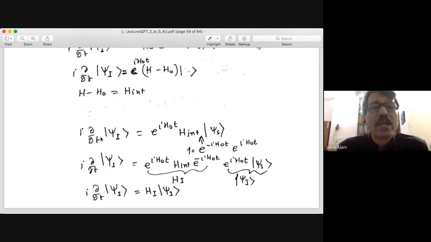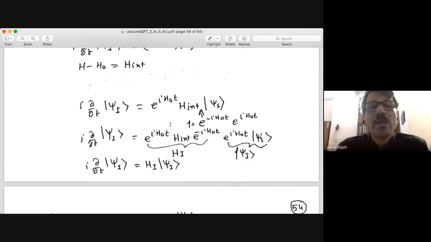So this I can write again as i d/dt of psi I equals e to the i H naught t times H interaction, because H minus H naught is the interaction, operating on psi S. Now again I introduce a 1 here in the form of e to the minus i H naught t times e to the plus i H naught t. Now if I do that, then I have e to the i H naught t times H interaction times e to the minus i H naught t.